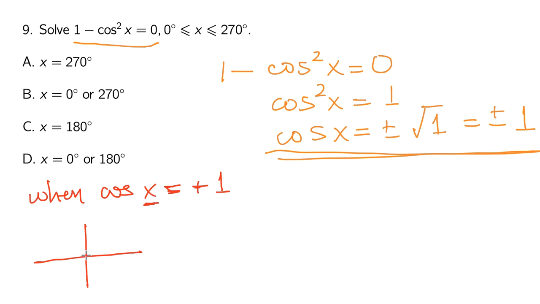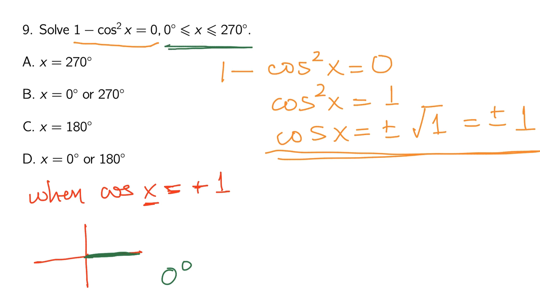So when the angle makes 0 degrees with the positive x-axis, that is when we have cosine x being 1. This angle is the same as 0 degrees. We could also say it's 360 degrees, but our range is between 0 and 270. So we stick with 0.